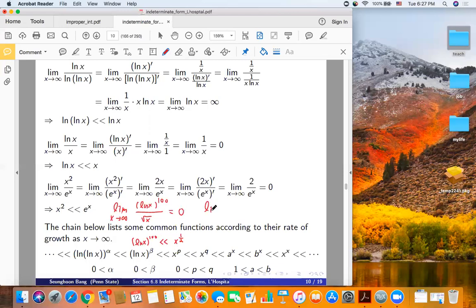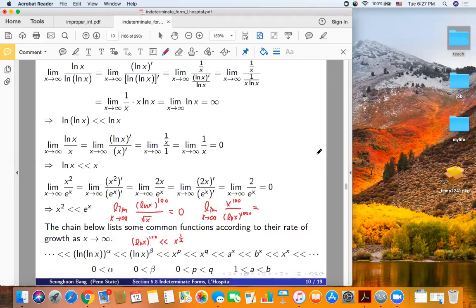So one more. The limit as x approaches infinity of x to the 100 over ln of x to the 1000.